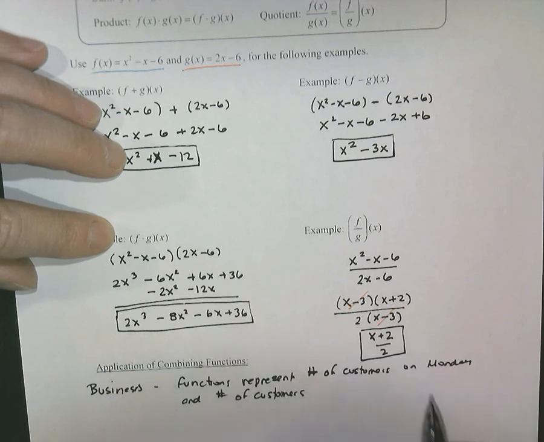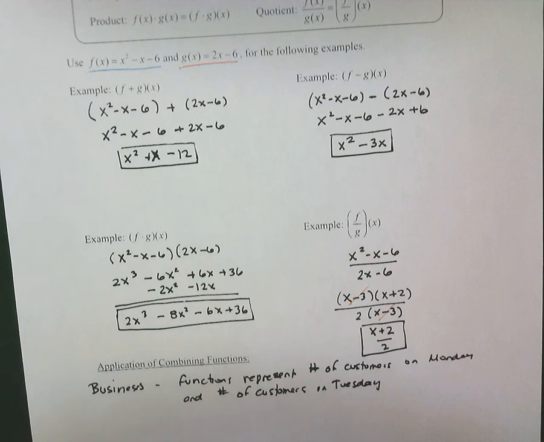And if we want to know the total customers, you would add the total customers for Monday and total customers for Tuesday. Well, you could use a computer program and you type in these equations and it gives you that information. So anytime that you're dealing with business, that would be a good time to do that.